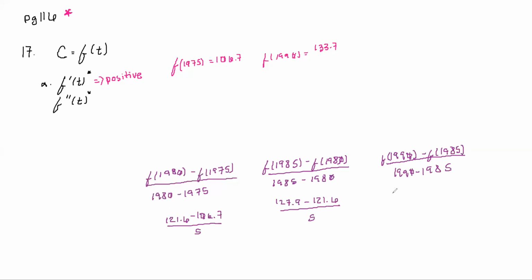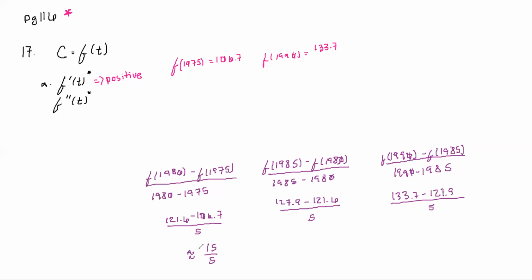And this is going to be 133.7 minus 129 over 5. Okay. So here we can tell that it's going to be pretty large. This is about 15, approximately 15 over 5.